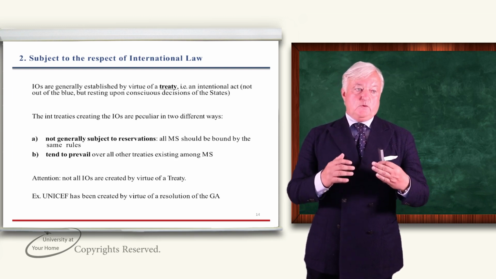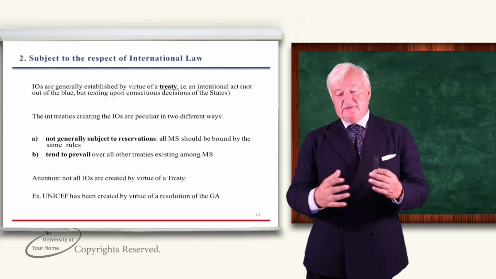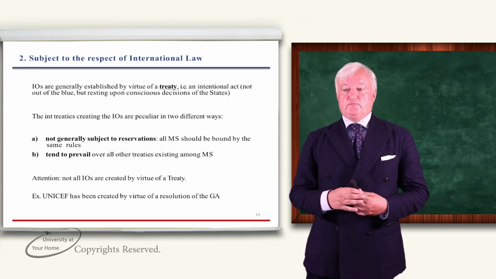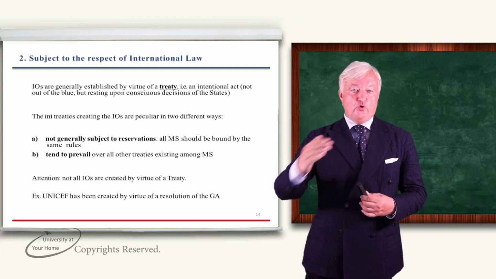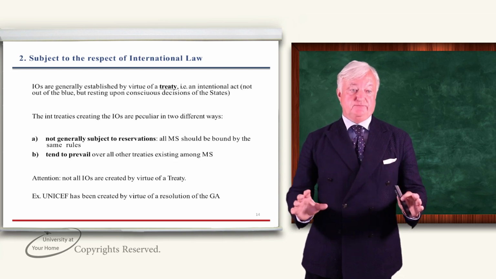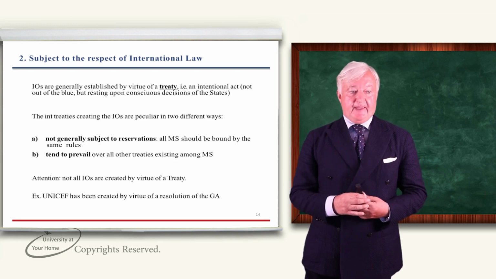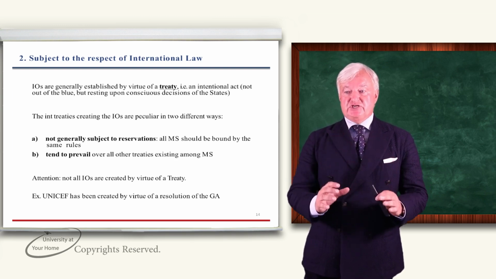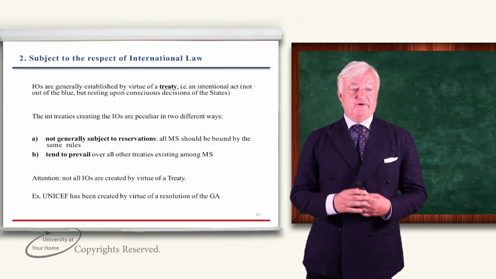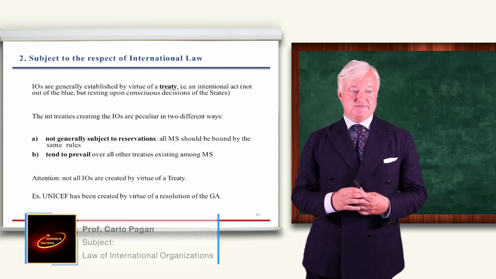The international treaties have some differences in comparison with a normal treaty, because they are not generally subject to reservation, all member states should be bound by the same rules, and international organization treaties tend to prevail over all other treaties existing among member states.